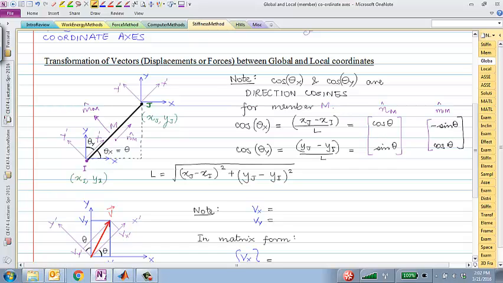So these are two vectors. Both of these vectors I can calculate easily based only on the node locations. So these two vectors are going to help us correlate the local and the global coordinate systems. So let's see how we can do that.